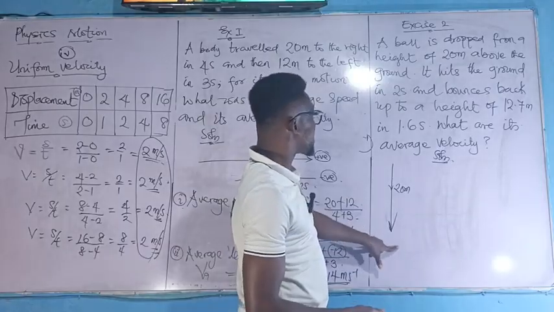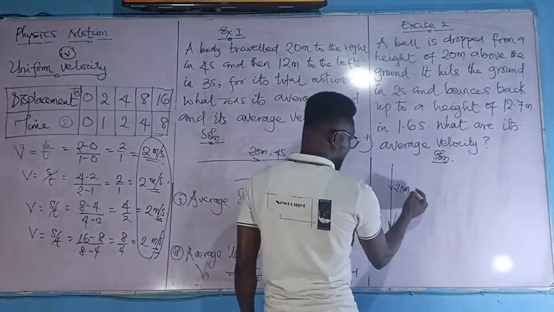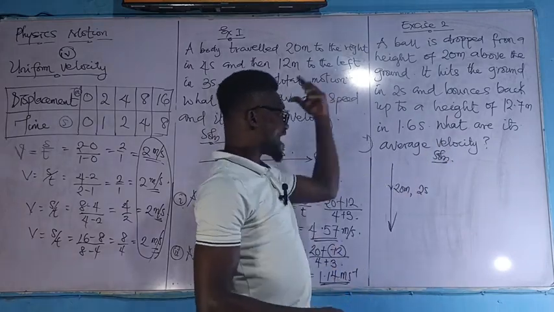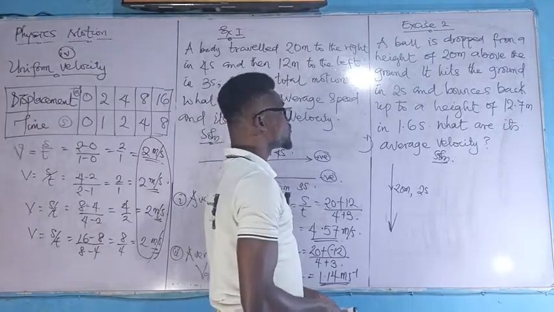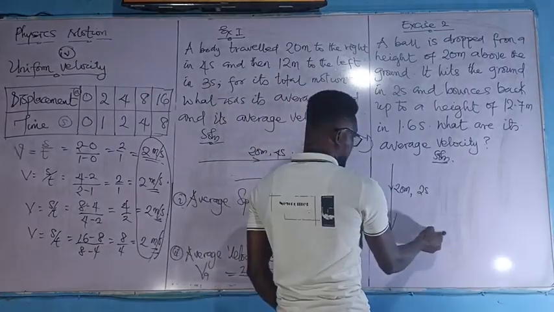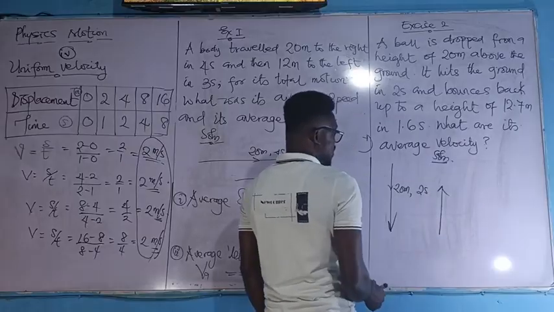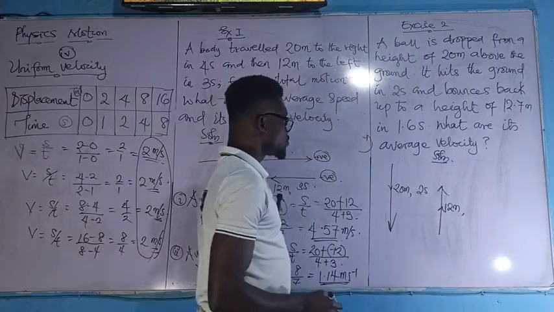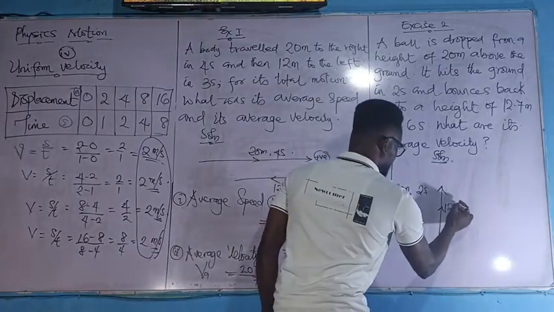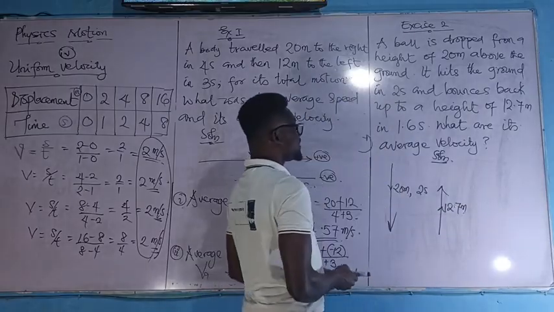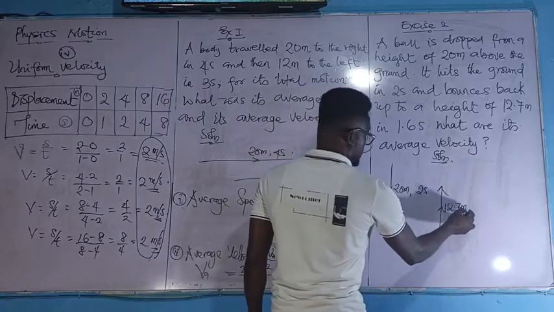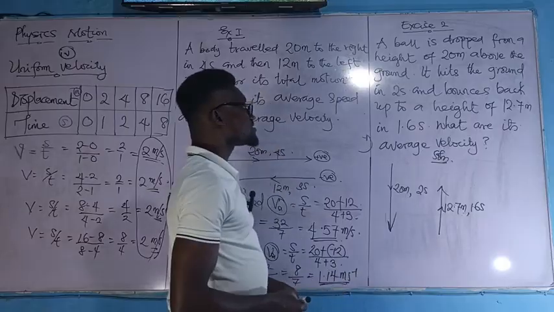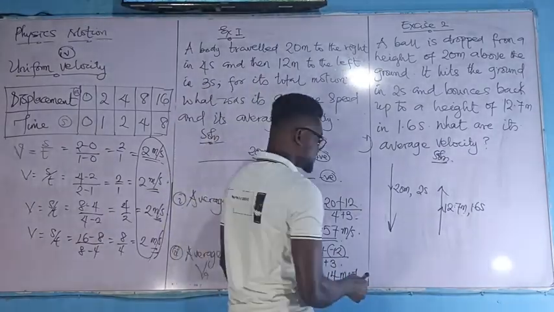It hits the ground in 2 seconds, so the time is now 2 seconds, and bounces back up to a height of 12.7 meters in a time of 1.6 seconds. Now, what is its average velocity?